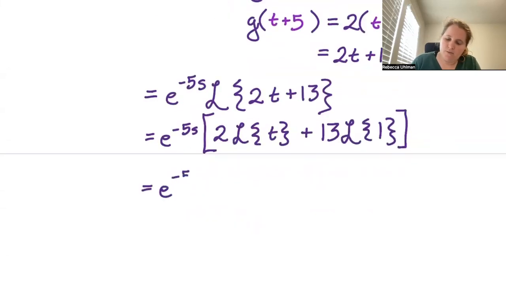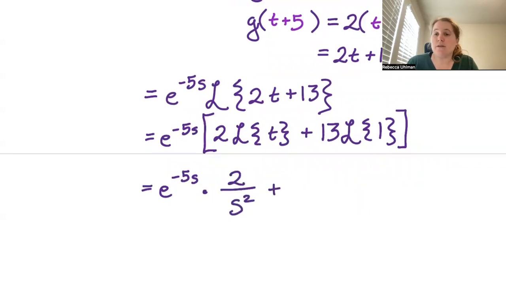The Laplace transform of t is just 1 over s squared, so this becomes e to the negative 5s times 2 over s squared. The Laplace transform of 1 is 1 over s, so this becomes plus 13 over s, and then 2 over s squared plus 13 over s should all be in parentheses.